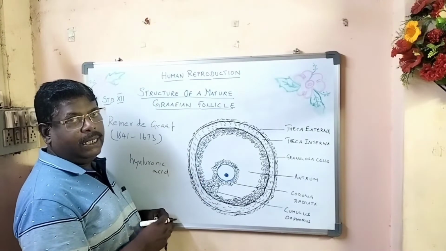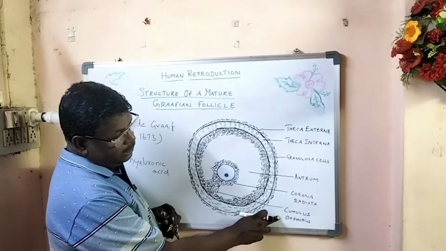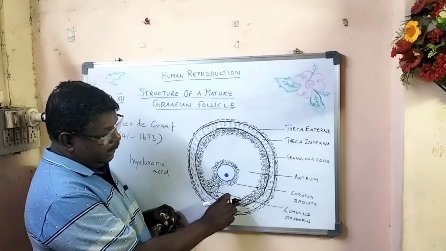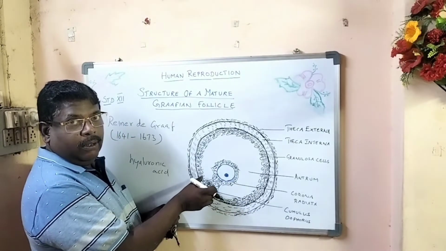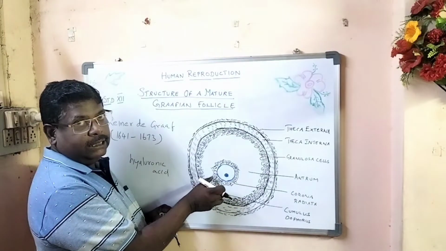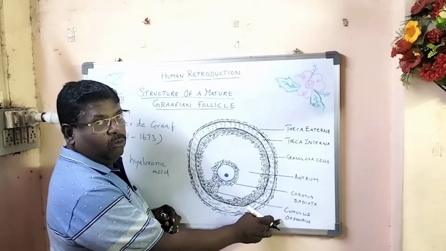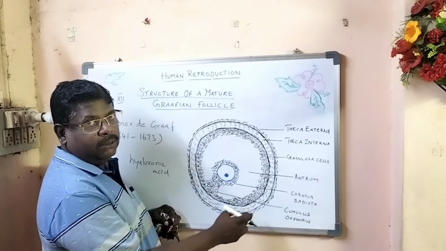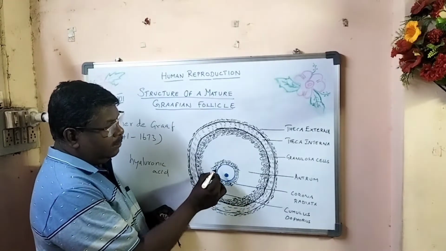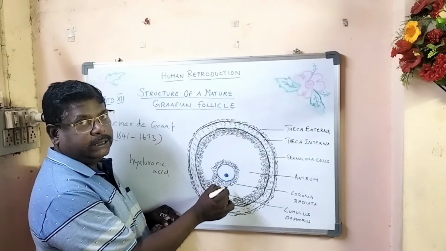Similarly, this cumulus oophorus is also an extension of the granulosa cells, a cluster of cells that extend. This helps in oogenesis and the fertilization process. And remember this blue colored structure with the nucleus. This is called the ovum or oocyte.